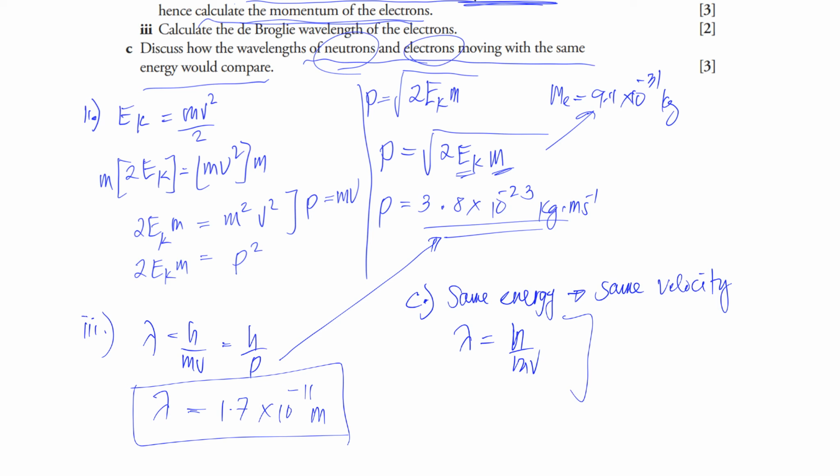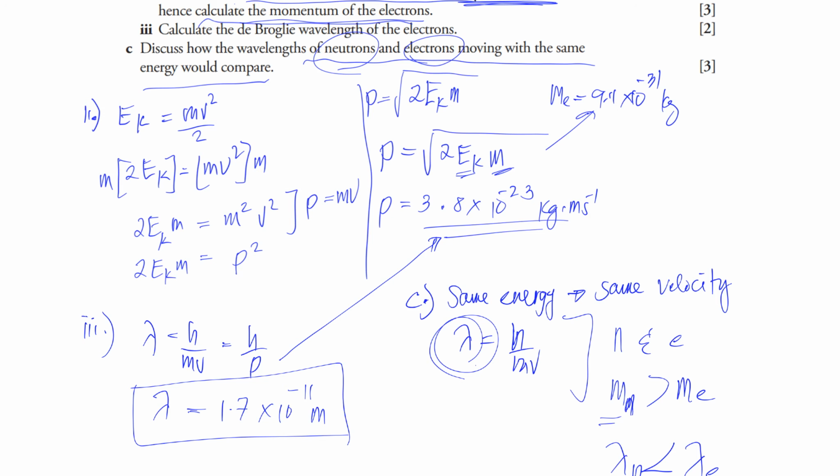Our topic of interest here is neutrons and electrons. Now let's compare first the mass. The mass of a neutron is greater than the mass of an electron. Because the mass is inversely proportional to the wavelength, it means the wavelength of the neutron is less than the wavelength of the electron.